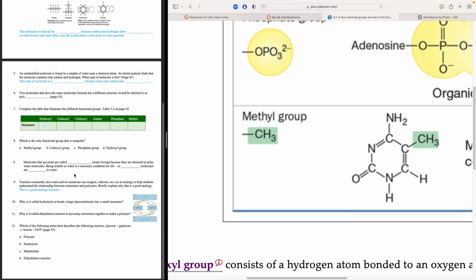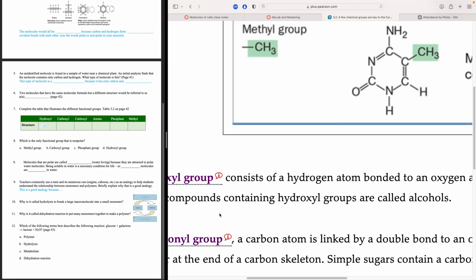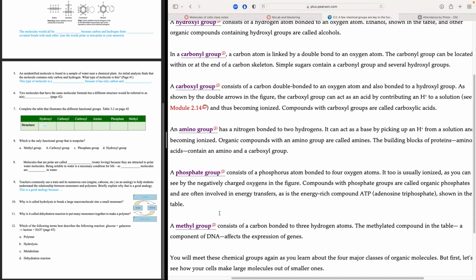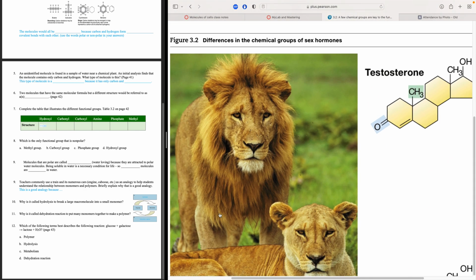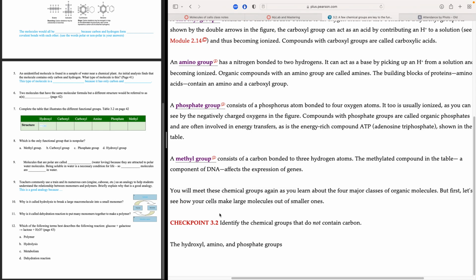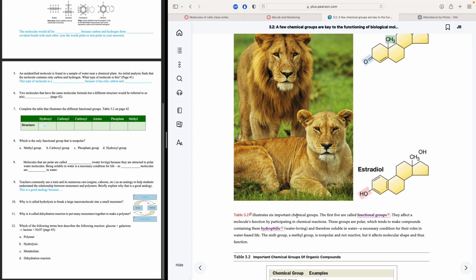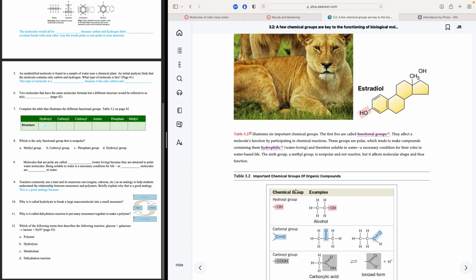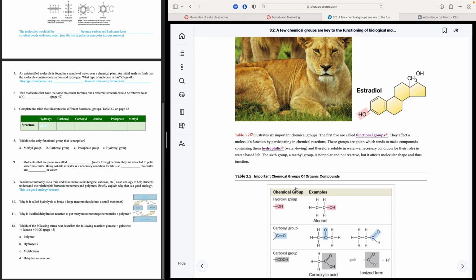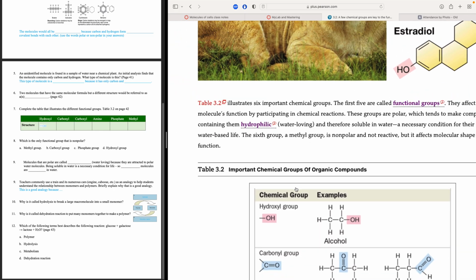Number 9. Molecules that are polar are called, what's the word for water-loving? And so we'll find it right down in the next page. I thought I saw it already. Yeah, there it is. Up at the top, right underneath the picture of the lioness.